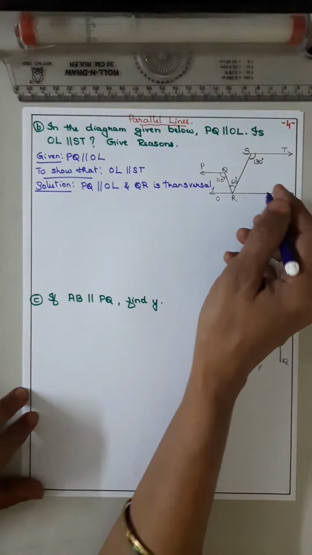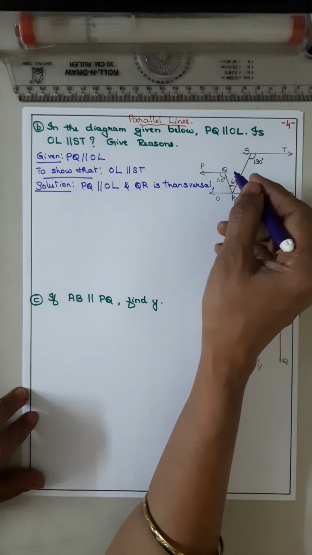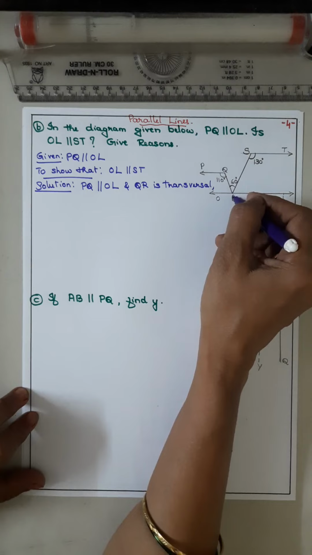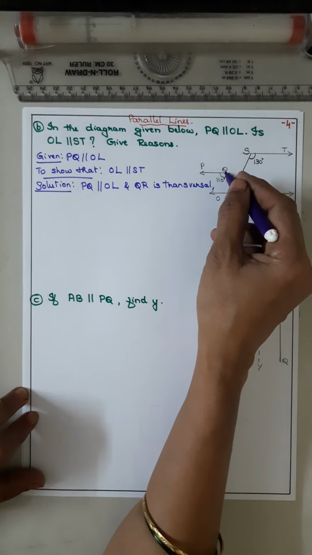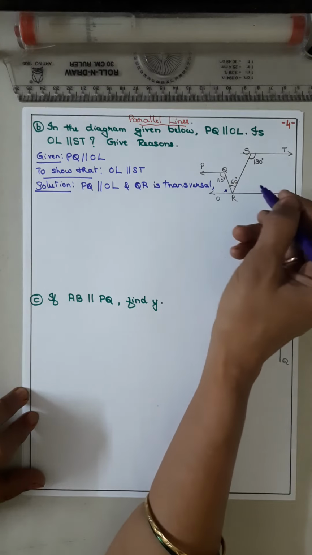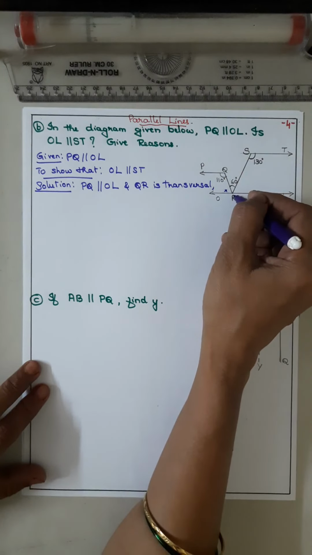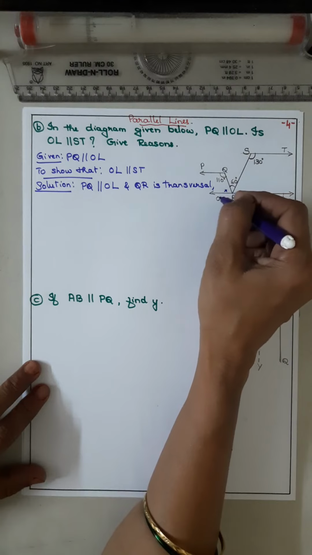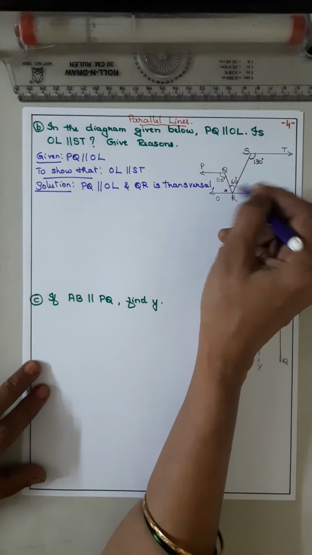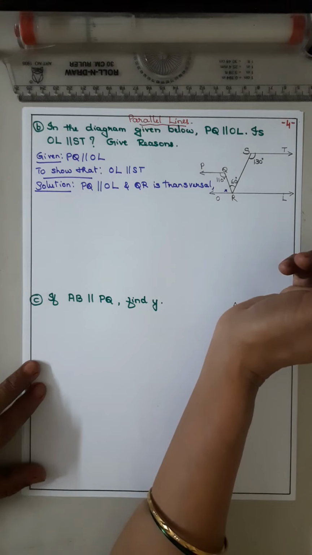Now, angle PQR plus angle QRO should be equal to 180. Why? Co-interior.